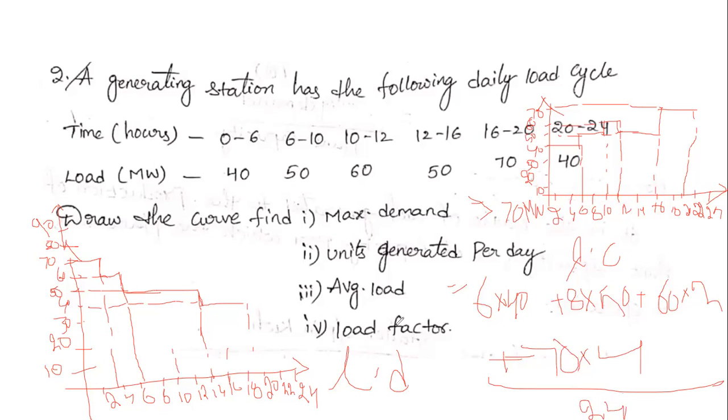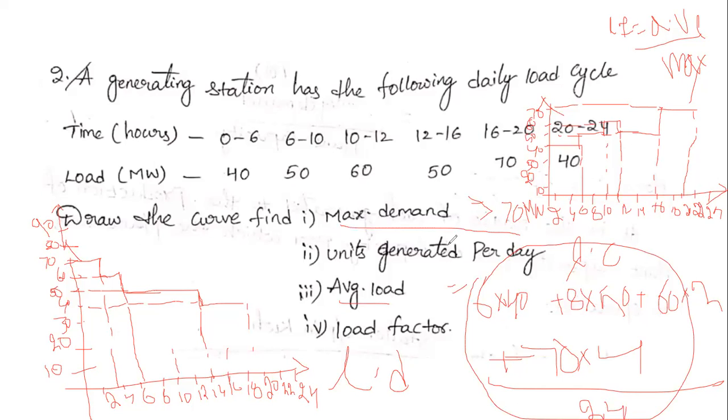Next, coming to the load factor. What is the formula for load factor? That is average load by maximum demand. Therefore, load factor is equal to average load divided by maximum demand, which is 70 megawatts.